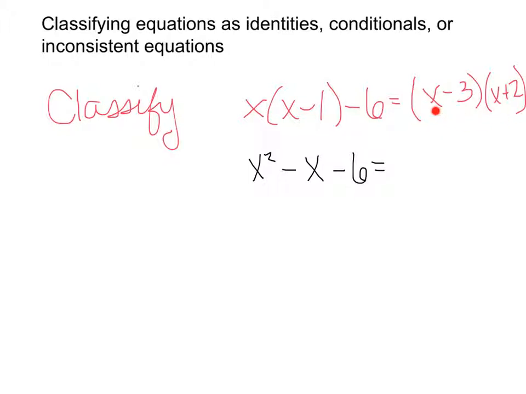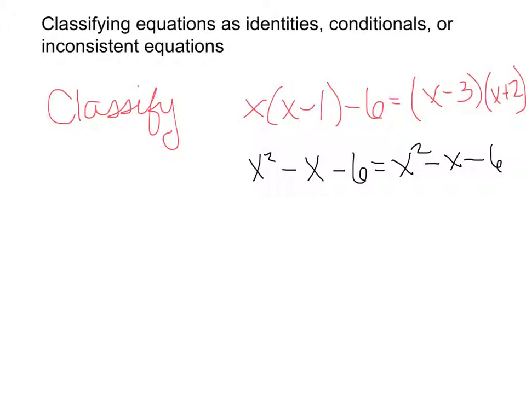So we'll take x times x, and that gives us our x squared. When we look at x times 2, that's 2x, and then we have plus a negative 3 times x, so 2x minus 3x is negative x, and then negative 3 times 2 is negative 6.